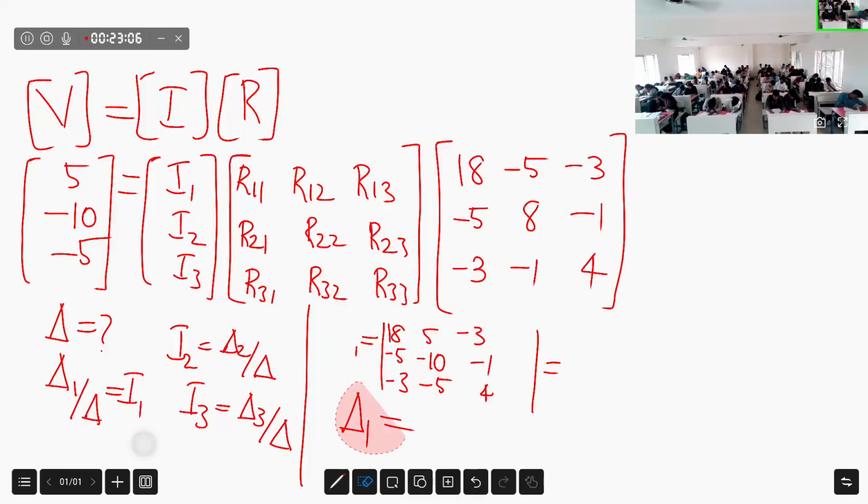So again replace the second column and find out the determinant value.